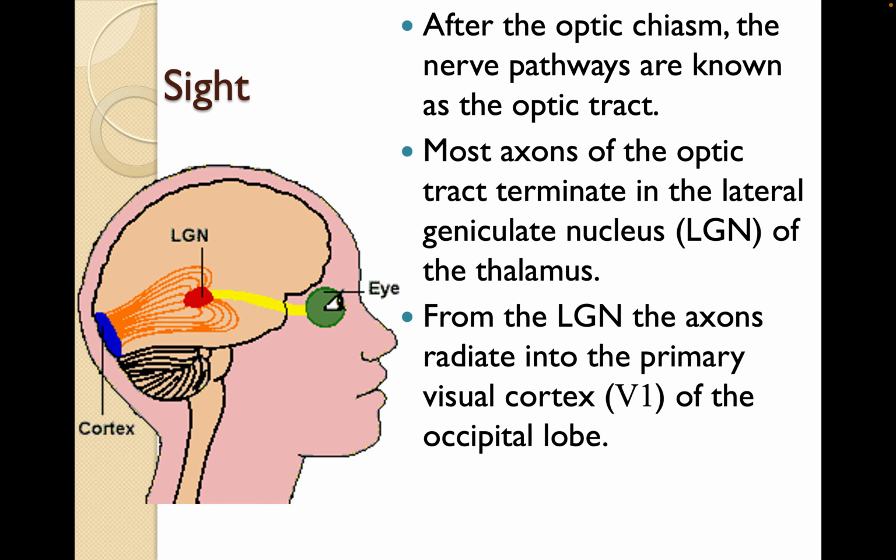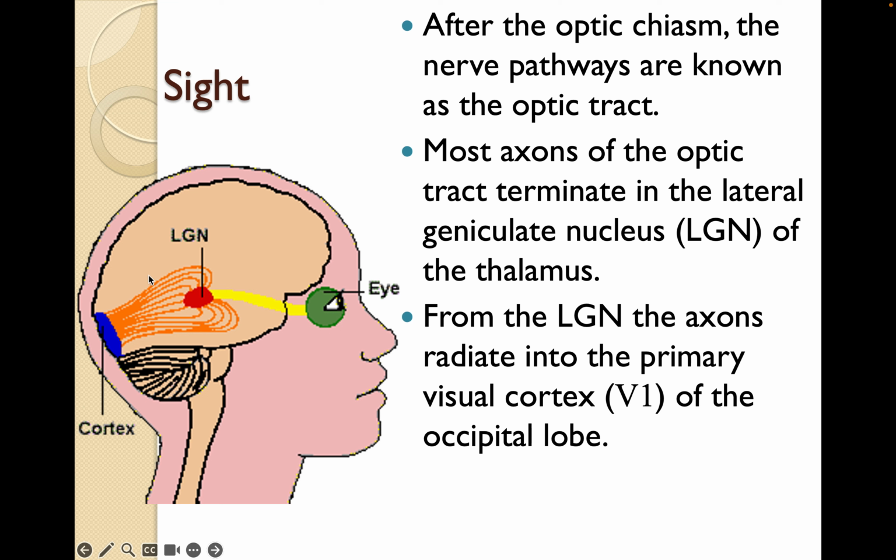After the optic chiasm, the nerve pathways are known as the optic tract. Most axons of the optic tract terminate in the lateral geniculate nucleus of the thalamus. From the lateral geniculate nucleus, the axons radiate into the primary visual cortex, the V1, of the occipital lobe.